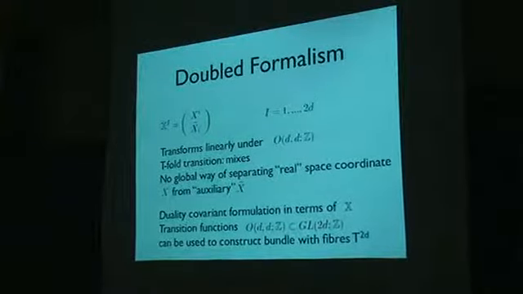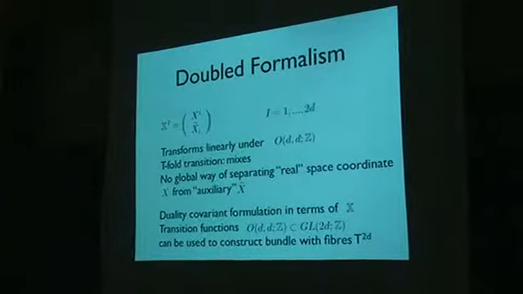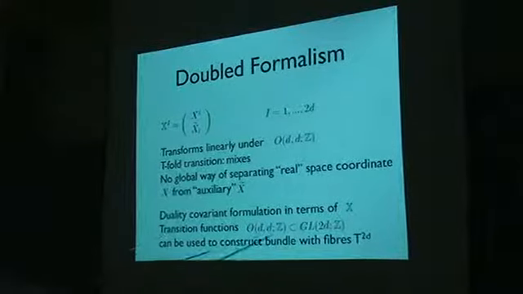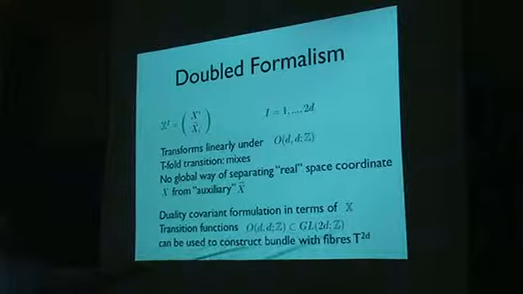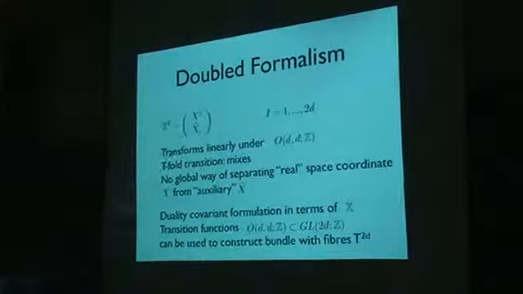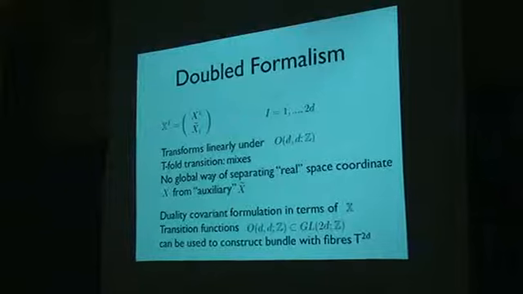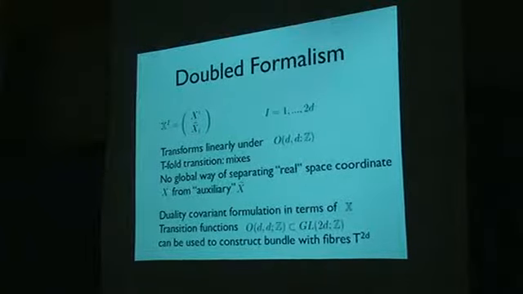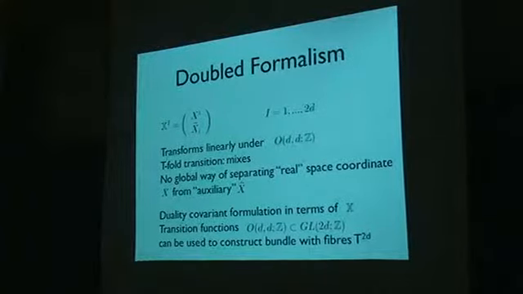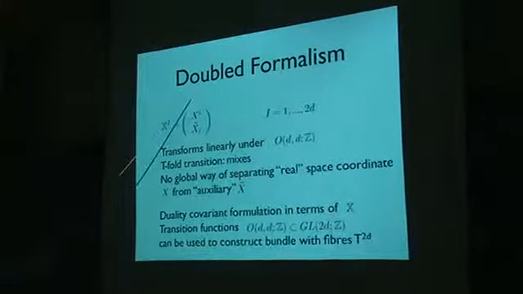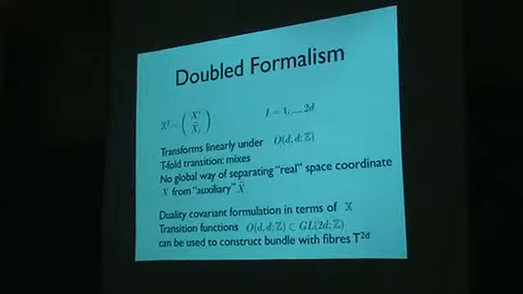And what I'm going to be looking at is a duality covariant formulation in terms of these x's, where one sees these transition functions of O(D,D;Z) embedded inside diffeomorphisms on this double torus. So whereas these things looked very non-geometric when formulated in terms of the original D-dimensional torus, in terms of this double torus, they'd appear naturally as a subclass of the diffeomorphisms on this double torus.